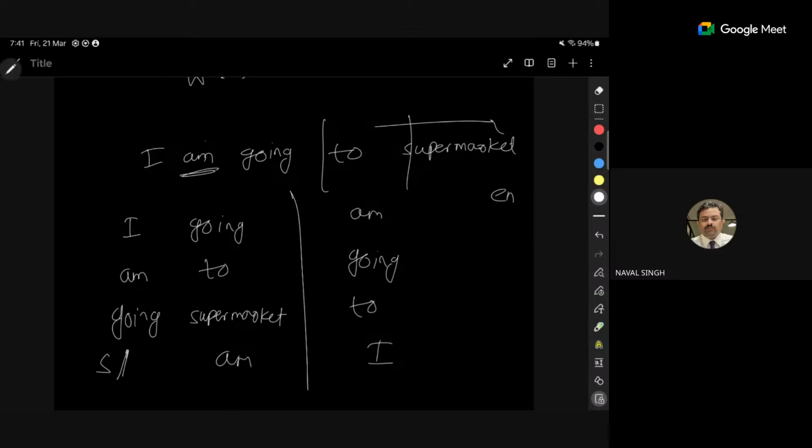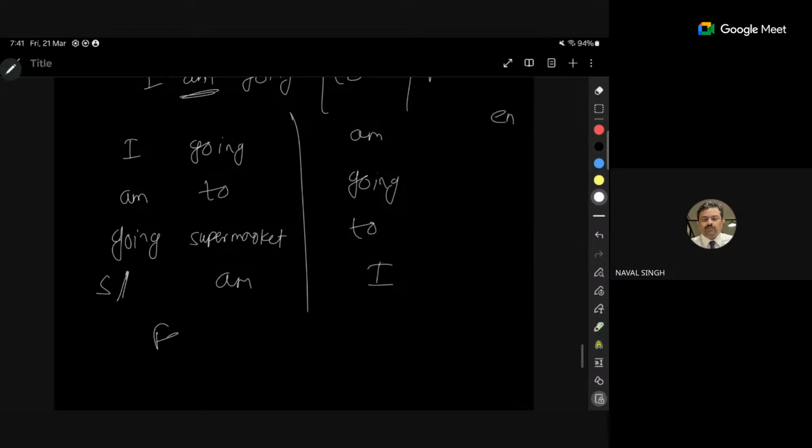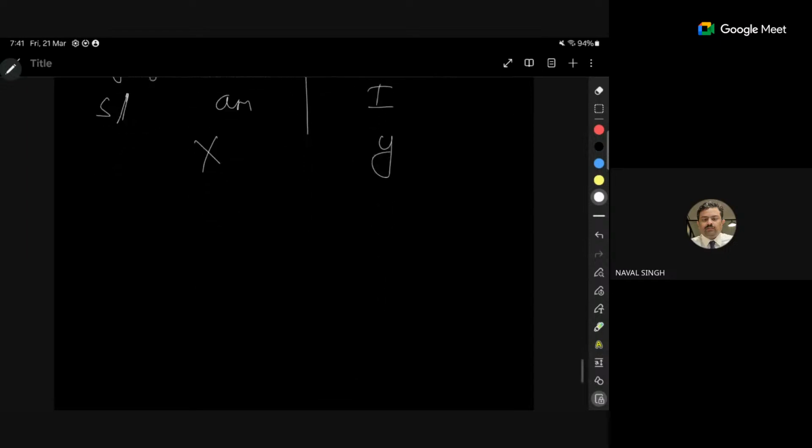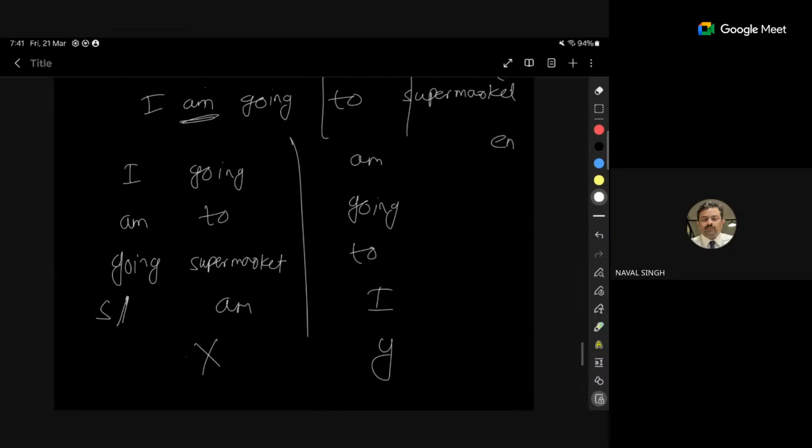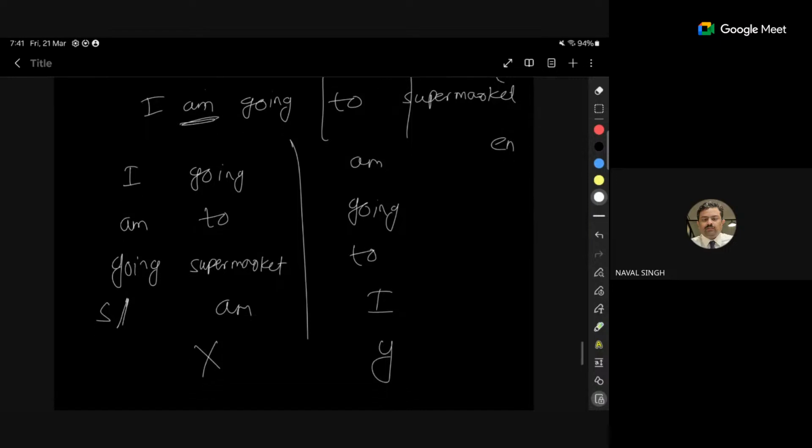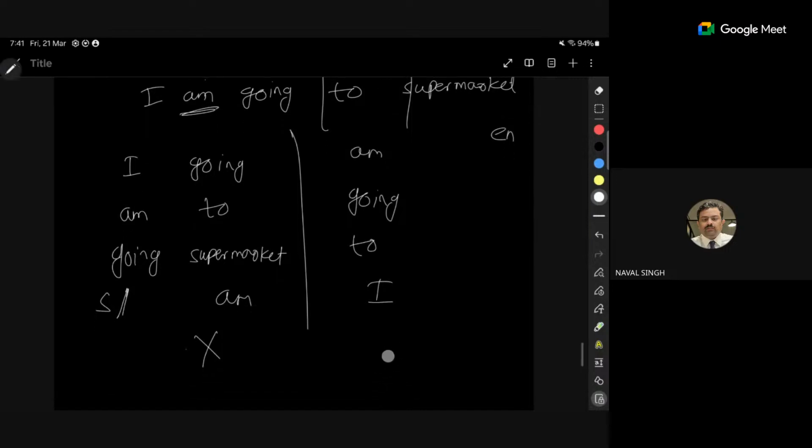So these are my features, or X, and this is my Y. Now I want to predict this. Actually, I'm doing it the other way around. This is X and we want to predict the context out of it.